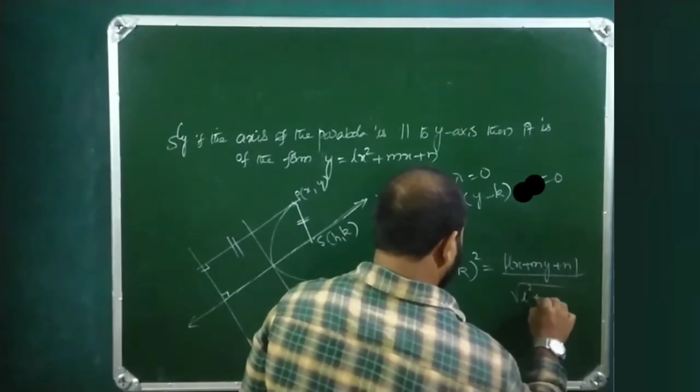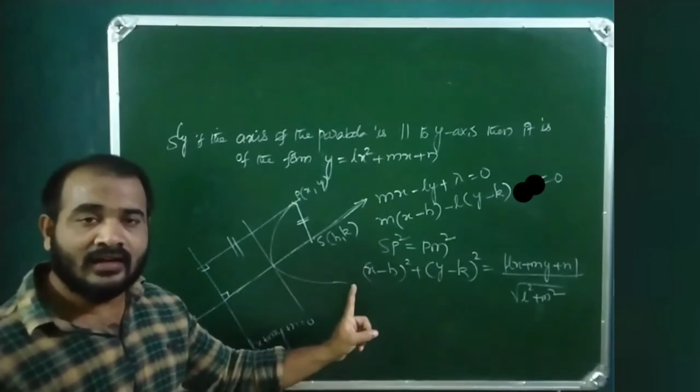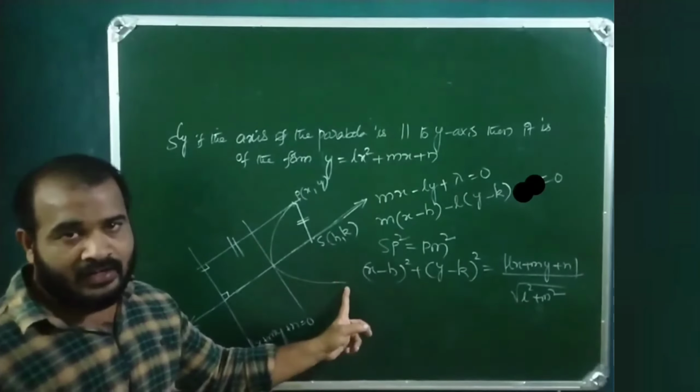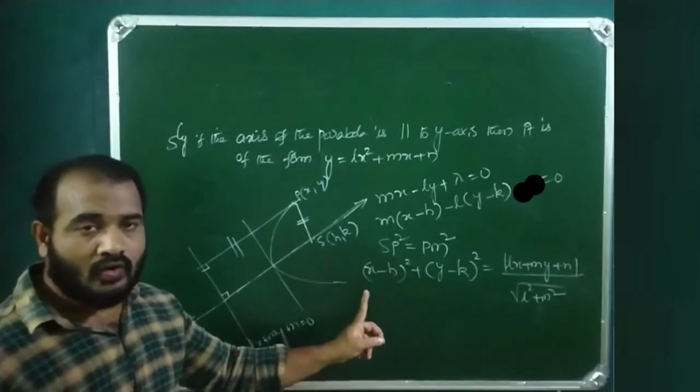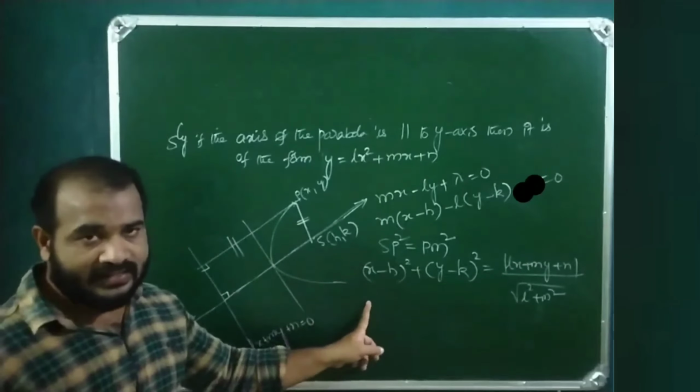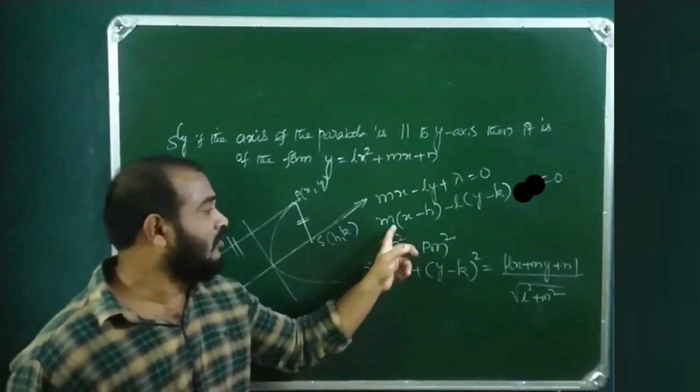If the axis is neither symmetric about x-axis nor y-axis, this is the equation of the parabola in that case, and this is the equation of the principal axis.